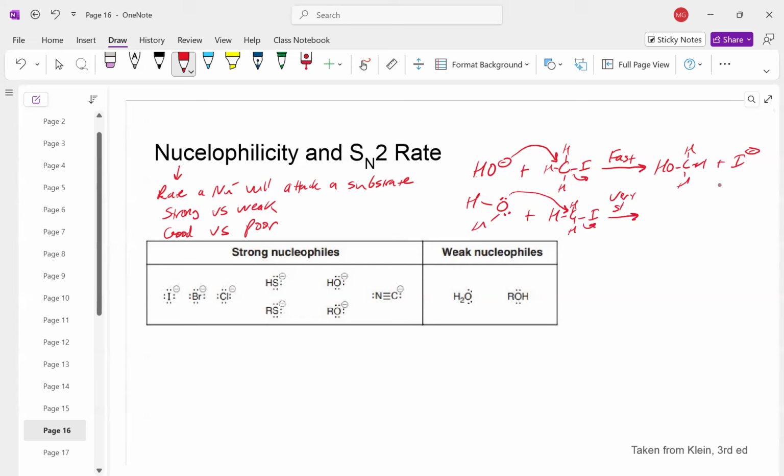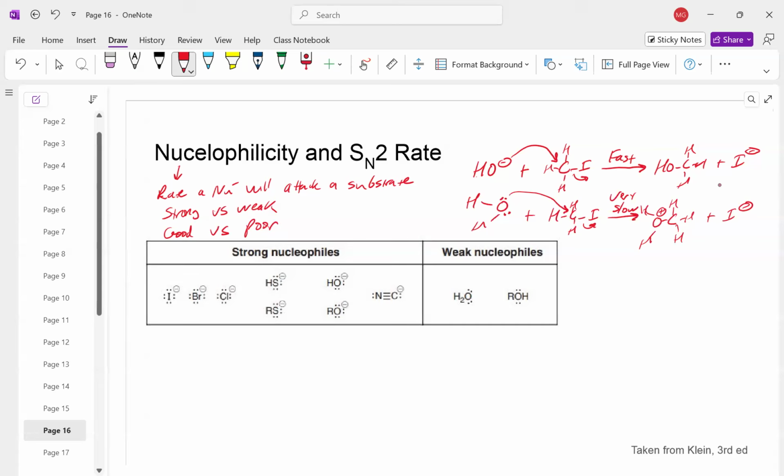Water reacts very slowly with methyl iodide. And so there's a definite difference between certain nucleophiles and how they react.